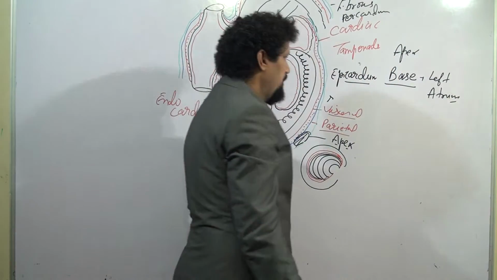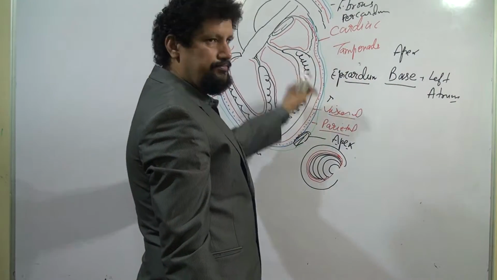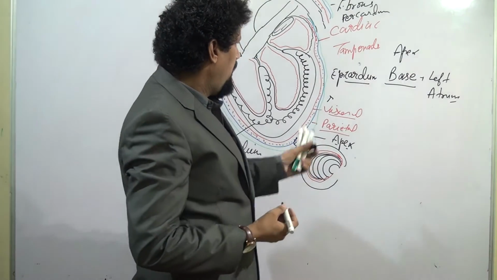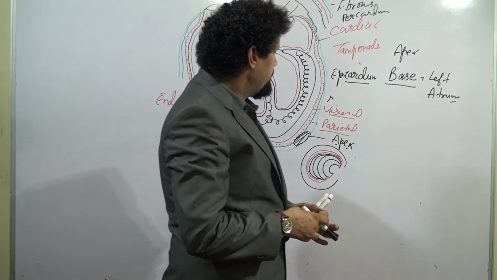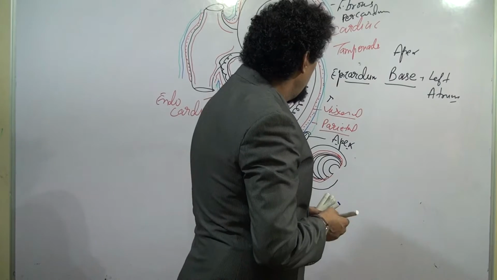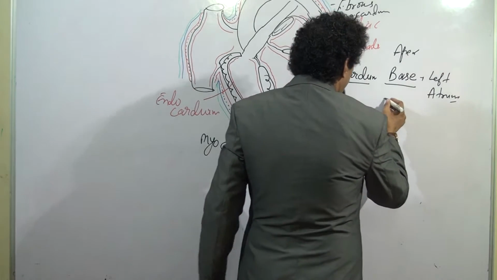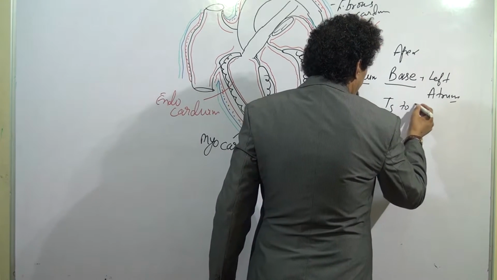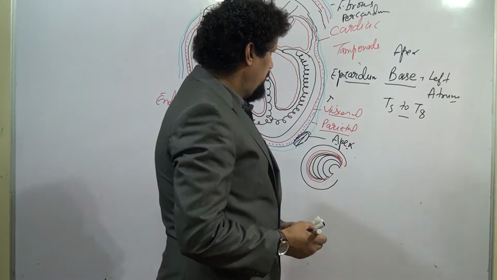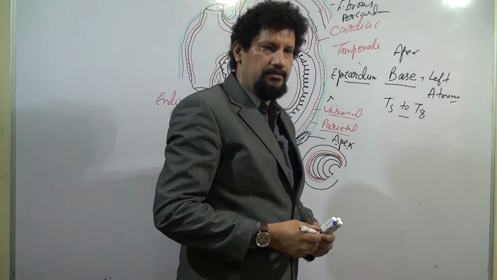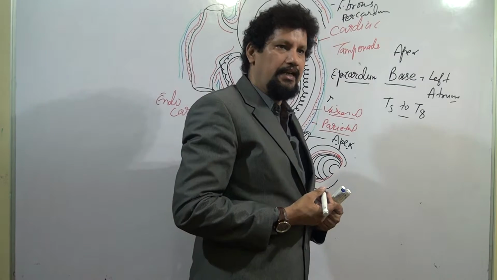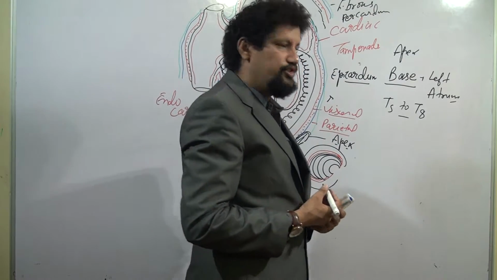Atrium means ante-chamber, that is, chamber before the chamber, and this is lying opposite to T5 to T8 vertebrae in supine position, but it descends by one segment during erect posture.